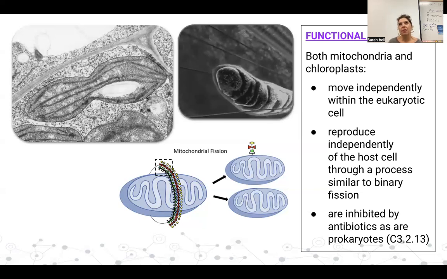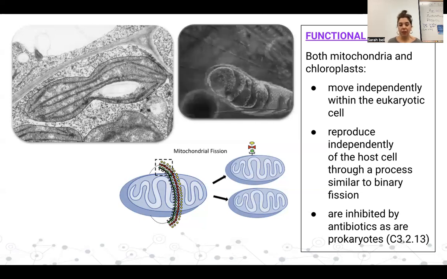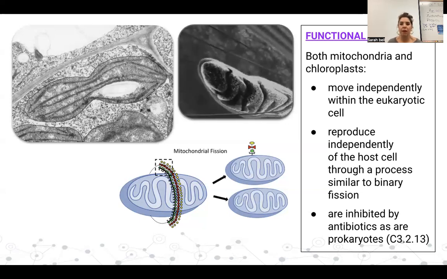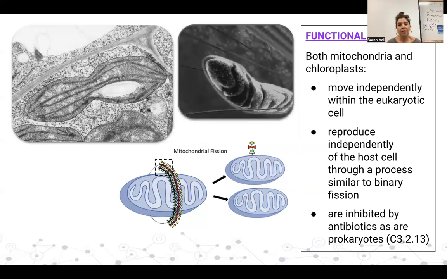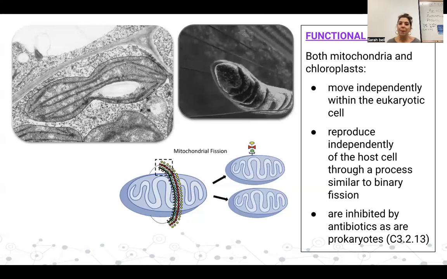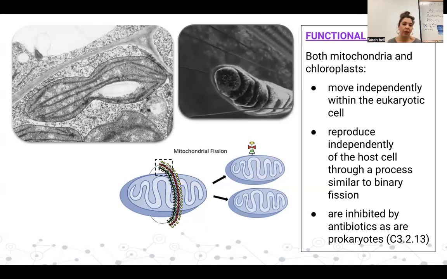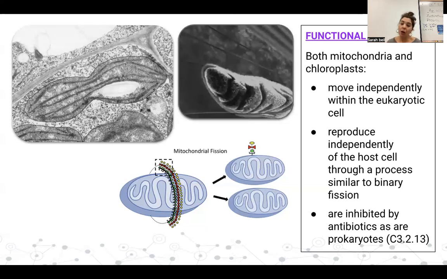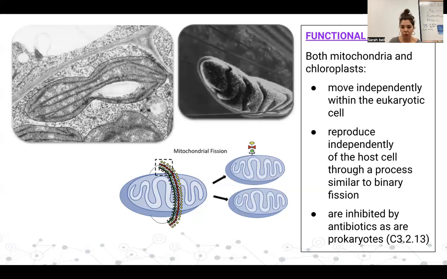So the fact that they respond in the same way as a bacterium is one more piece of evidence that tells me I am looking at something that is probably a prokaryotic organism billions of years ago, which has now merged with our modern day eukaryotic cells through the process of endosymbiosis.